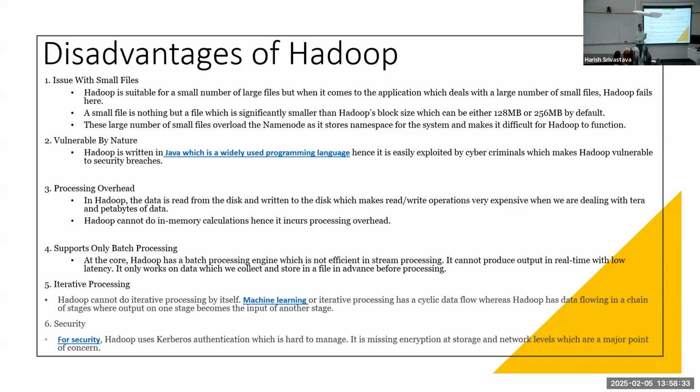Your reducer cannot run until the mapper has completed. So it's sequential, right? Can you start reducing before the mapper? No. We have not fully built a parallel pipeline, right? So that is another disadvantage which can be addressed by using Spark.